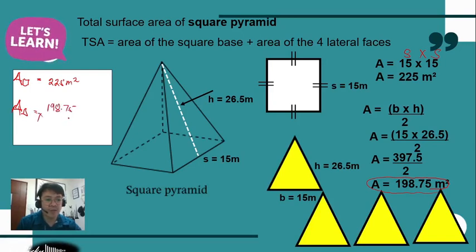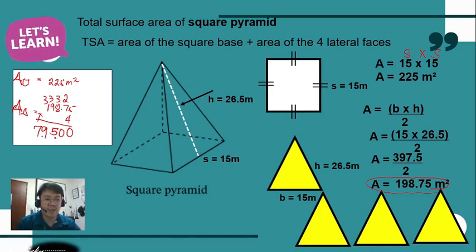Since it has 4 faces, we will be multiplying it by 4. 5 times 4 is 20. 2 times 4 is 8 plus 2 is 10. 8 times 4 is 32 plus 1 is 33. 9 times 4 is 36 plus 3 is 39. Then 4 times 198.75 is 795.